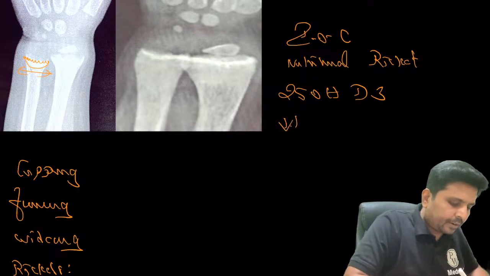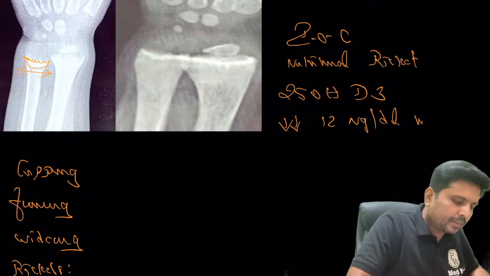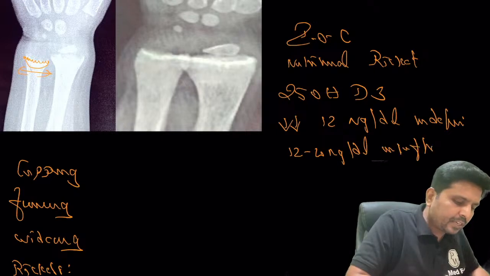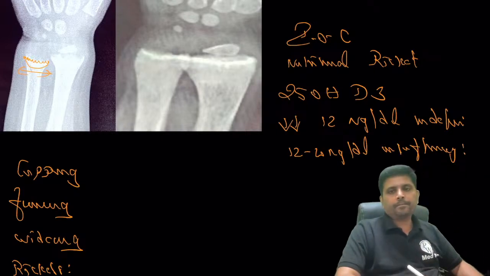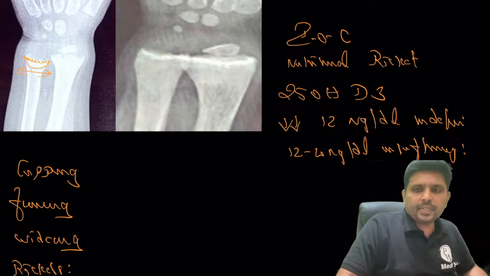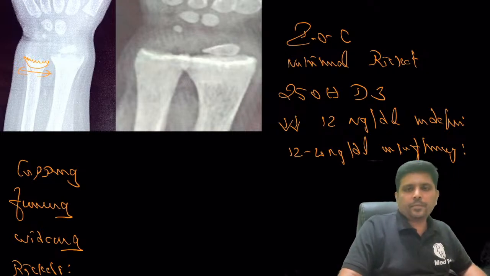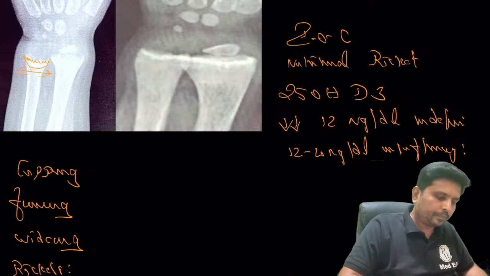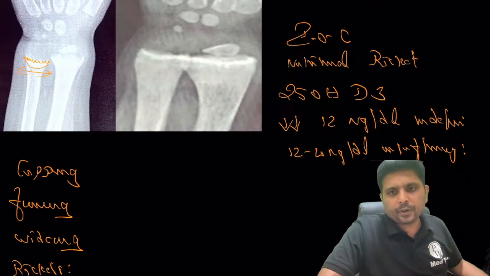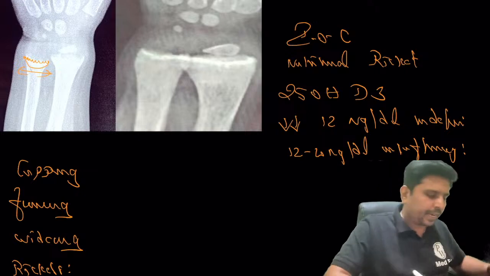Less than 12 nanogram per deciliter is deficiency, whereas 12 to 20 nanogram per deciliter is insufficiency, right?